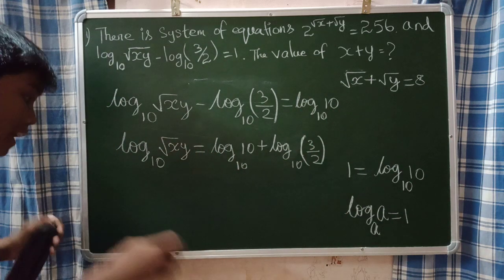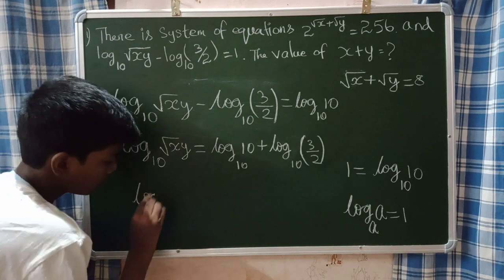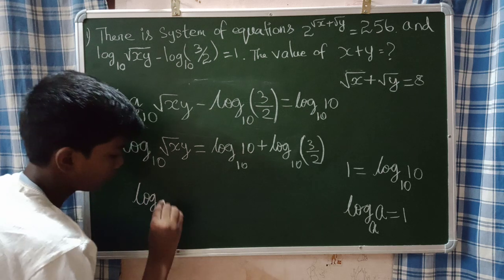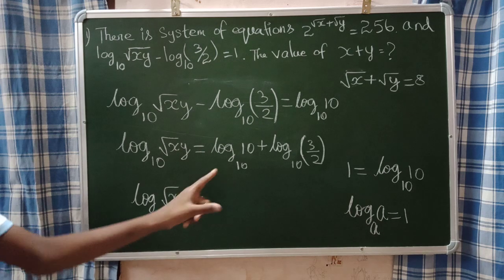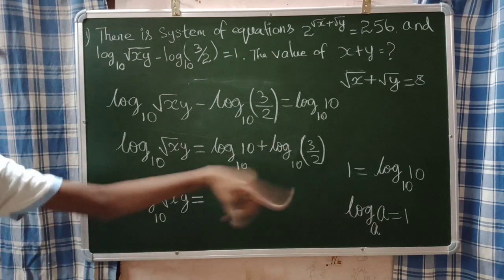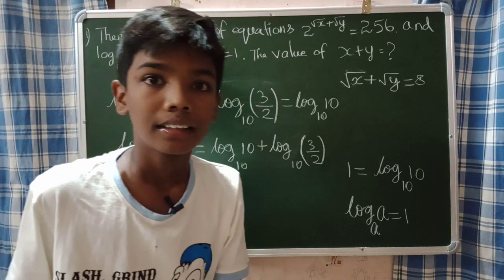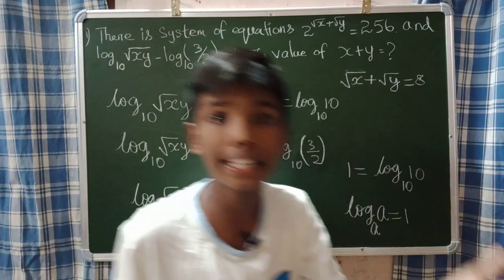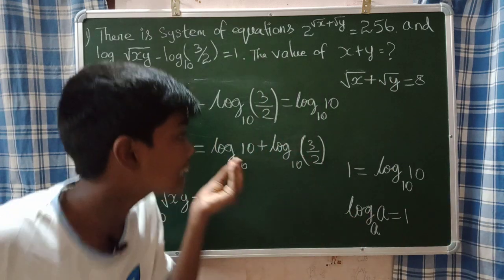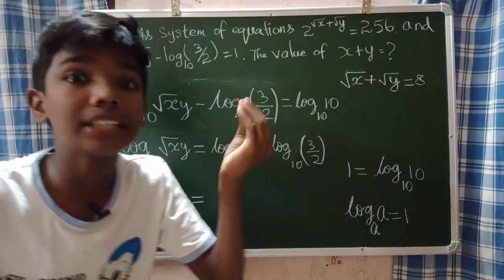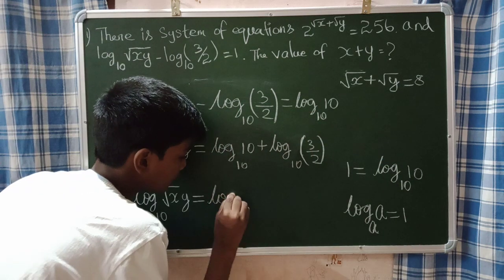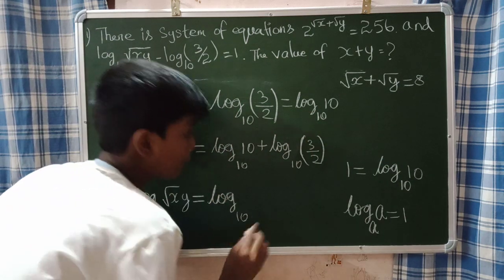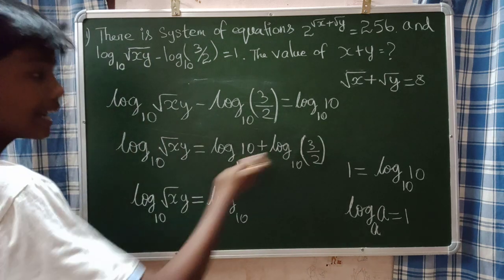So I can write log to the base 10 of root xy is equal to log to the base 10 of 10 plus log to the base 10 of 3 by 2, which can be written as log to the base 10 of the multiplication of the inside values. This is the rule which we learned in the logarithm. So log to the base 10 of the multiplication of the inside values, 10 into 3 by 2.